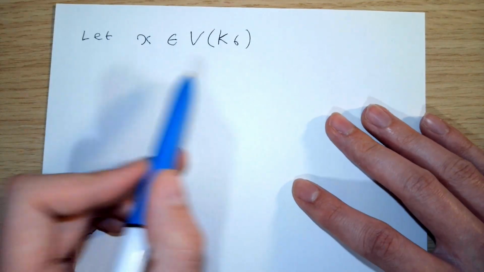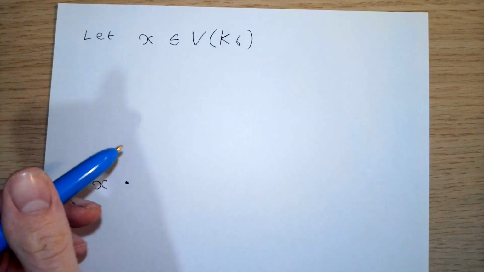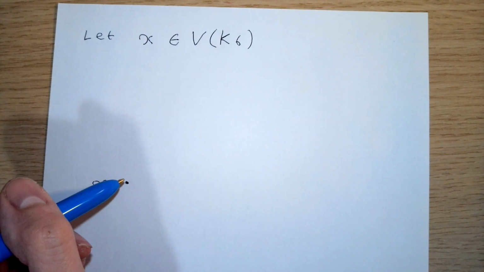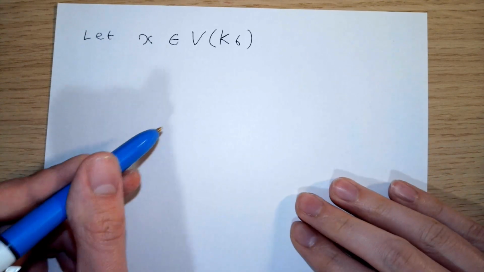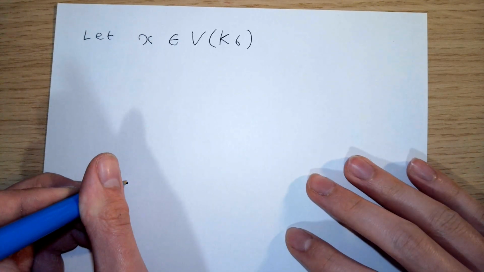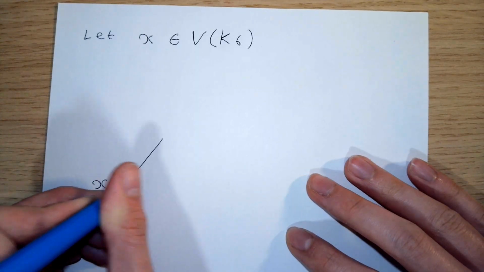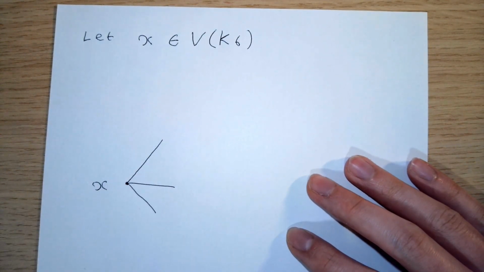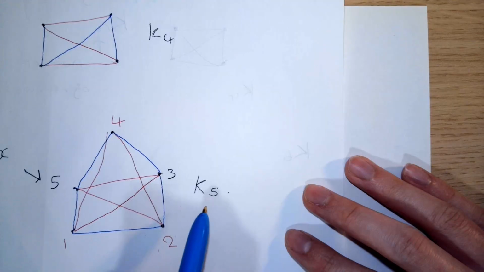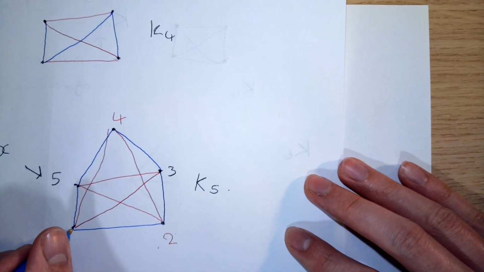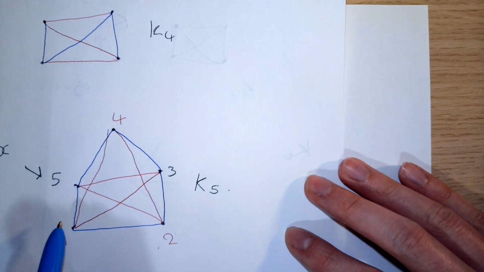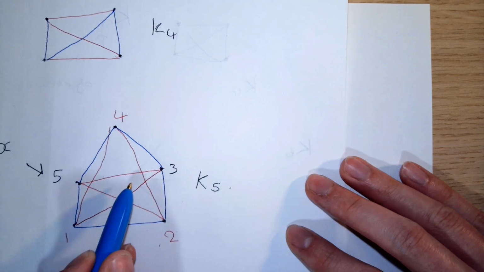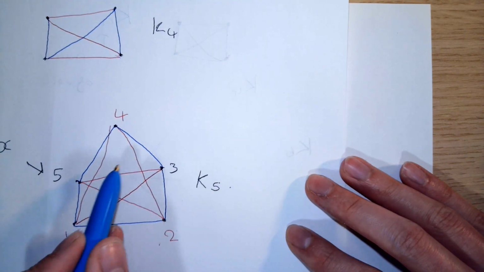Now, how many vertices will this X be connected to? So if I was to draw edges, how many edges should I draw? Well, when I had my complete graph of 5 vertices, if I look at my vertex here, you can see that there's 1, 2, 3, 4.